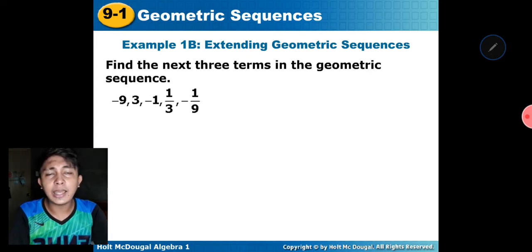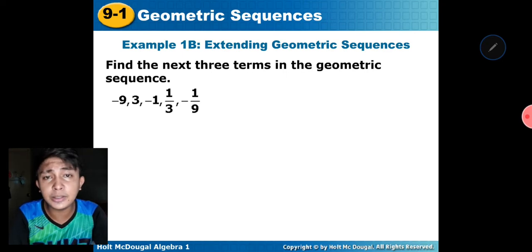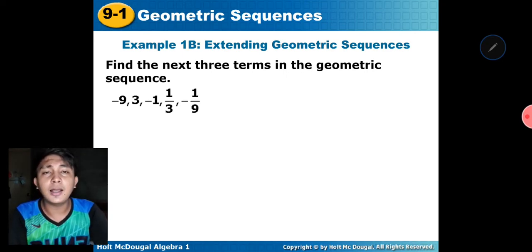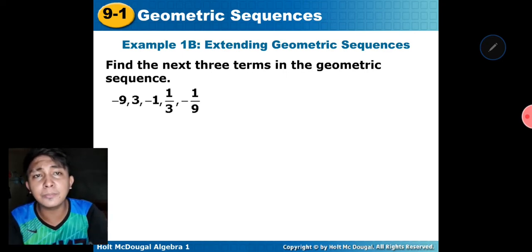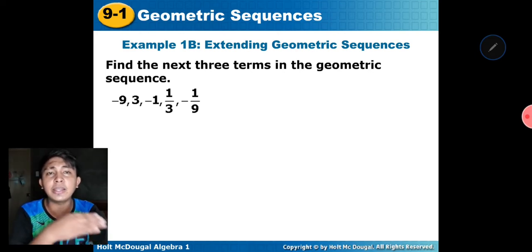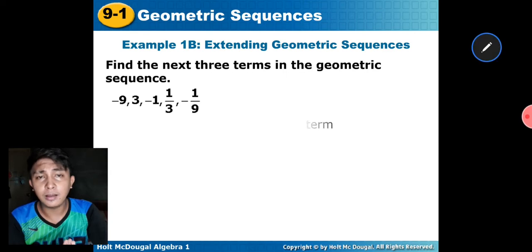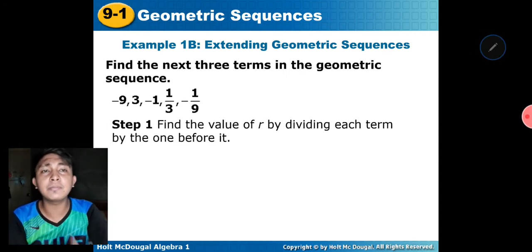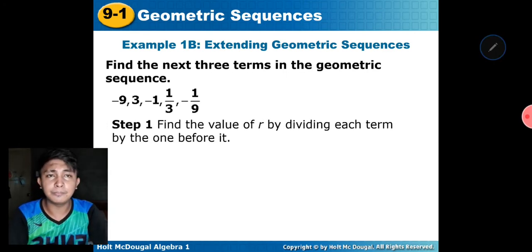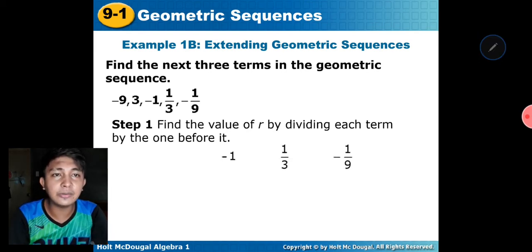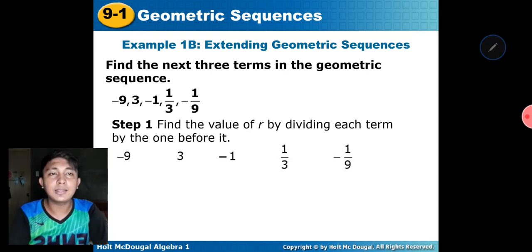Okay, let's check. Again, the step 1 is to determine the common ratio by dividing the second term by the first term, third term divided by the second term, fourth term divided by the third term, and fifth term divided by the fourth term. So here it is.